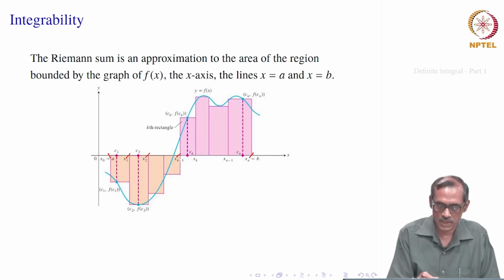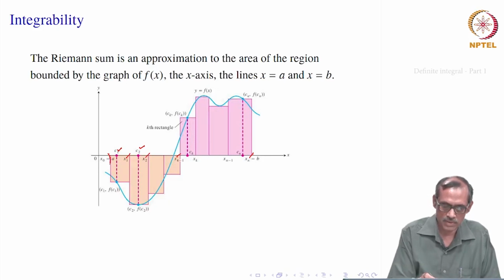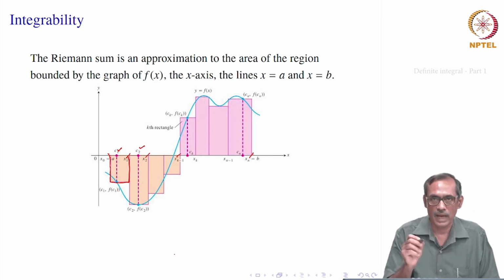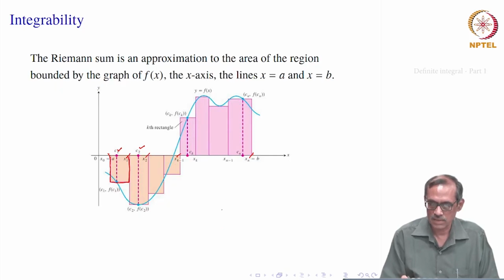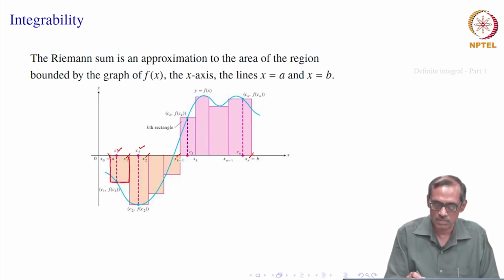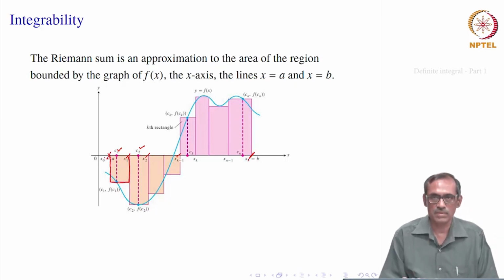Then, inside each of the subintervals, you have chosen some point Ci and found the area of the rectangle with height f of Ci and width xi minus x(i-1). Then take the sum of all those rectangles. You think of that sum as an approximation to the region bounded by the curve, the x axis, and the lines x equals a and x equals b.